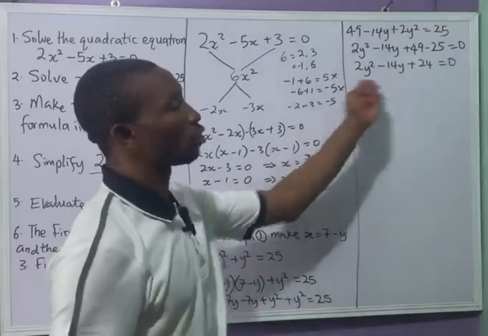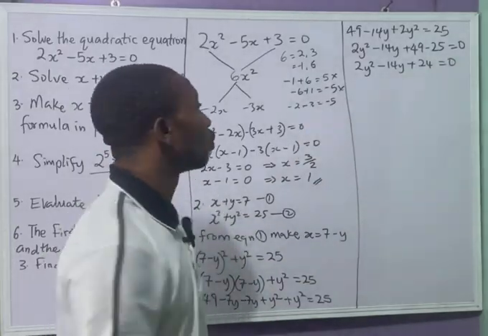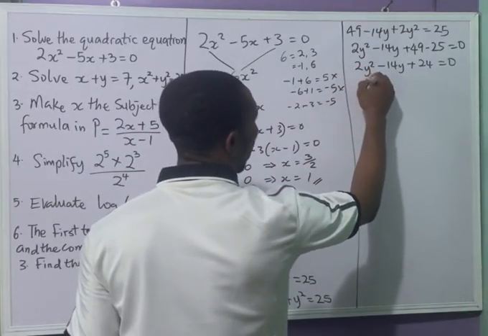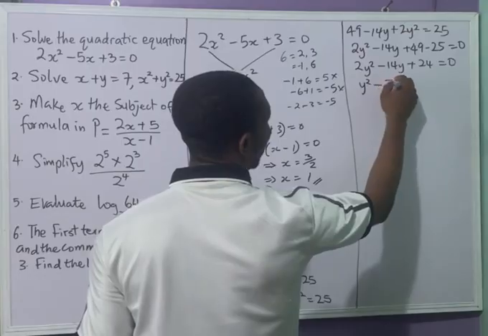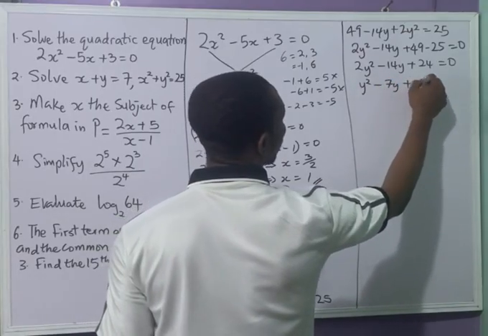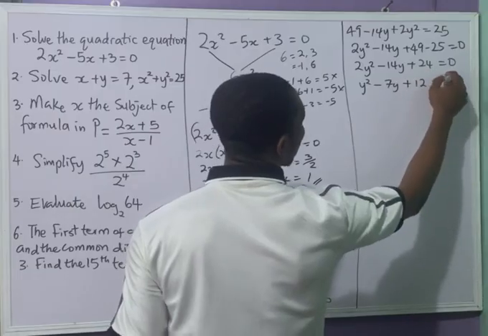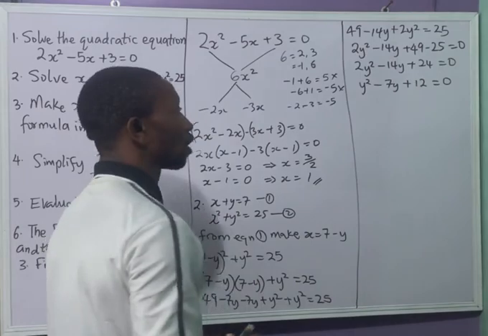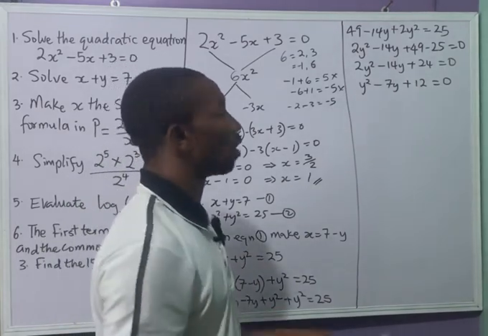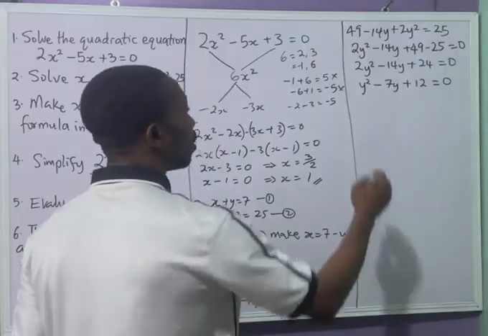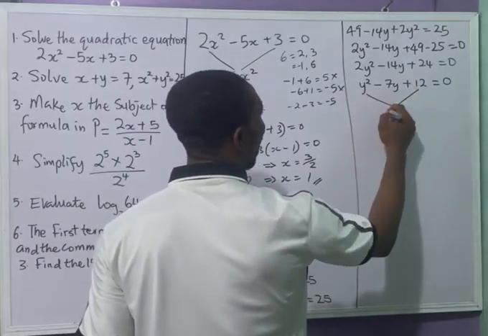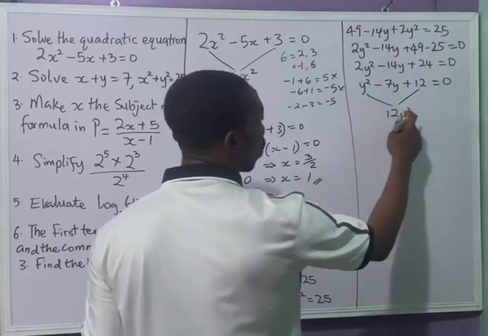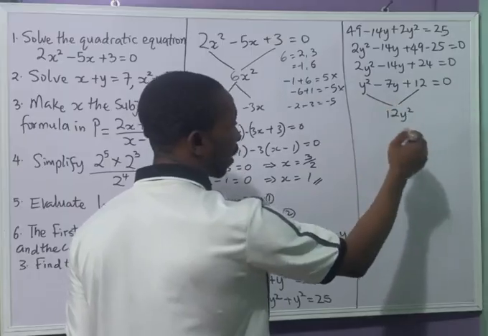We can now divide through with 2. Dividing through with 2, we have y squared minus 7y plus 12 equals 0. Now we look for the factors of 12 that will give us 7. Factorizing this, we have 12y squared. So if we factorize 12 to get 7, we're having 4 and 3.